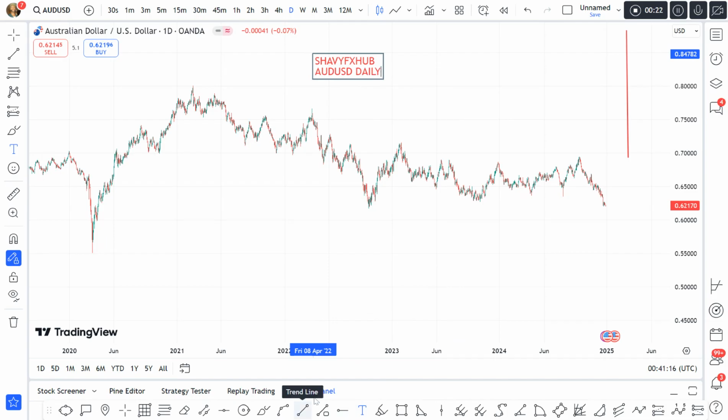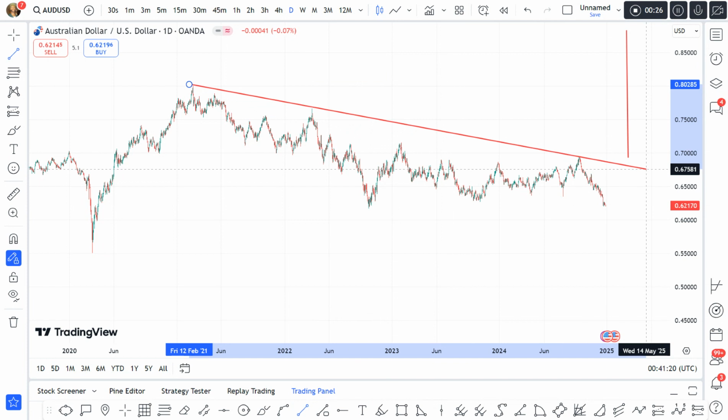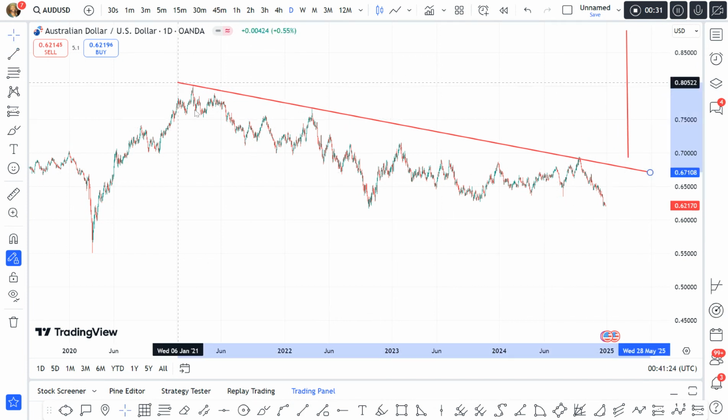The first thing we need to look at is our highs, where we have our roof, and to see how price has returned to that roof for a potential sell-off.